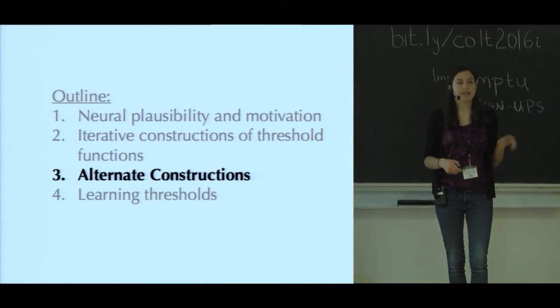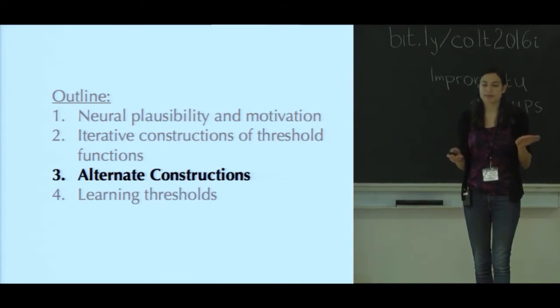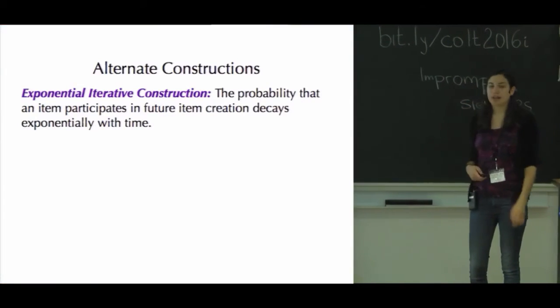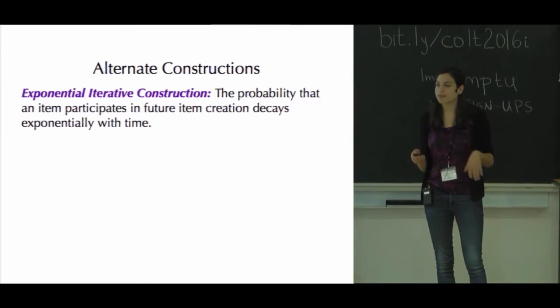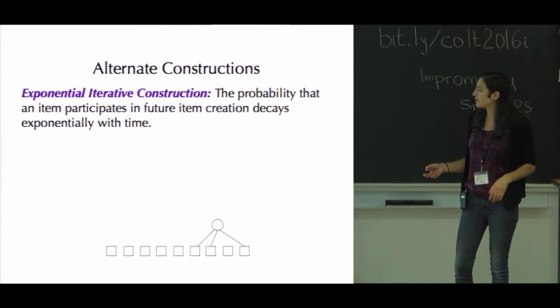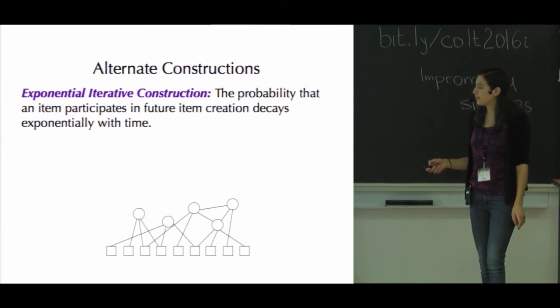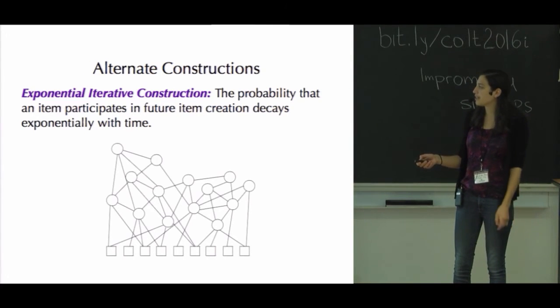Now I'm going to quickly give you 2 alternate constructions that also converge to threshold functions, but don't require creating levels. In the exponential iterative construction, the probability an item participates in future item creation decays exponentially with time. As we build up, we don't have levels anymore. We just sample from previous items, with more recent items being more likely.